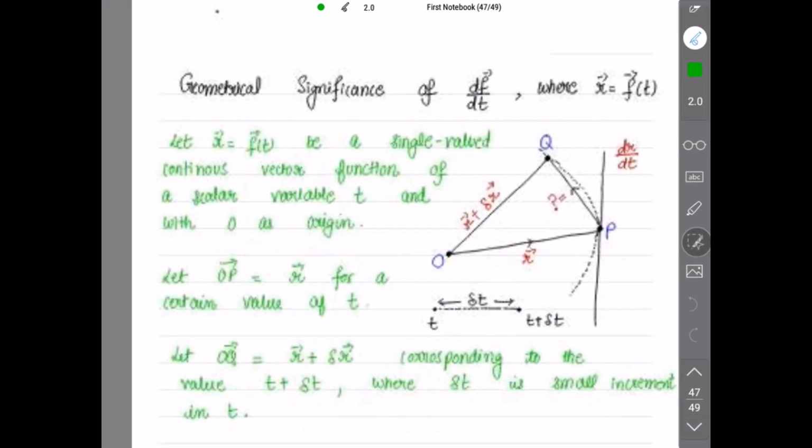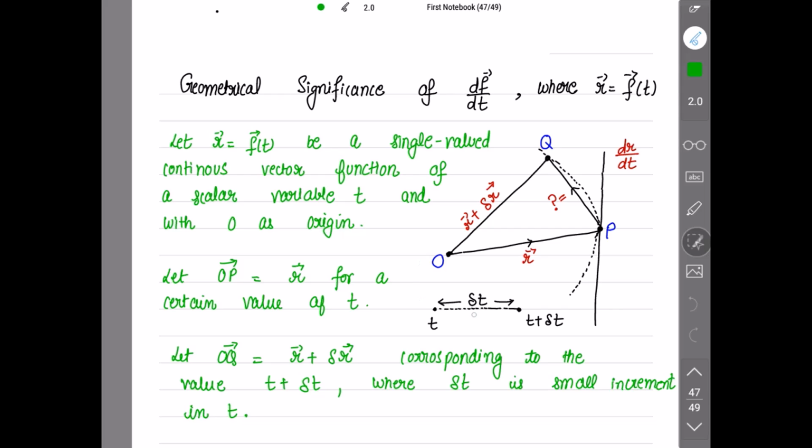Okay. Now comes the topic geometrical significance of df by dt, where r is taken to be a vector function which depends upon the scalar variable t. Now let r is equal to f of t. This is a single valued continuous vector function of a scalar variable t and with o as origin.